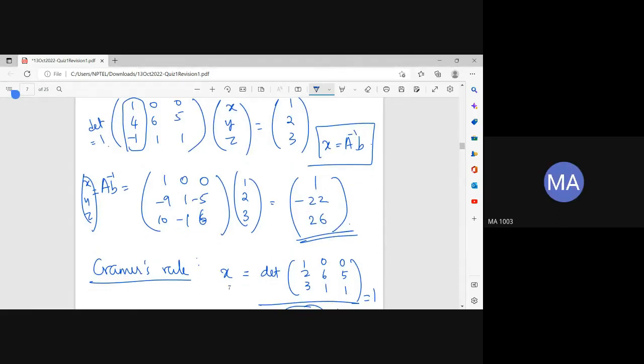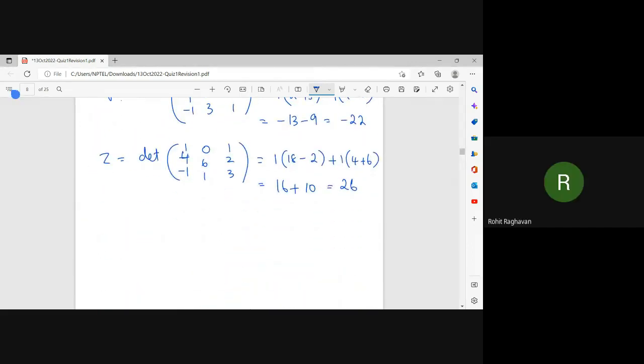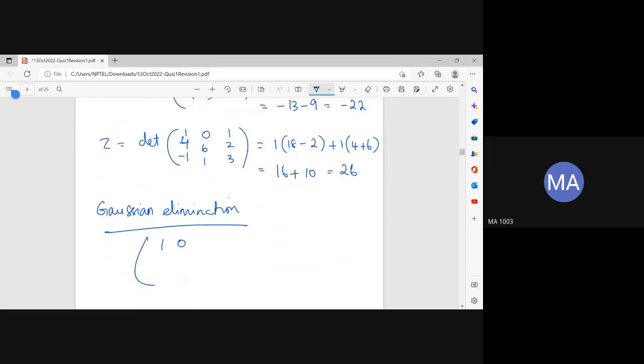Do we know a third way to find the solution? Gaussian elimination. So my matrix now is, I'll take the augmented matrix: 1, 0, 0, 5, 1, 4, minus 1, 6, 1, 1, 2, 3.